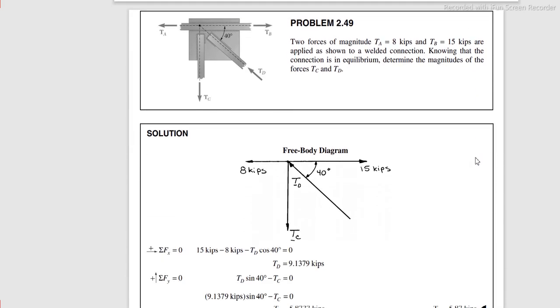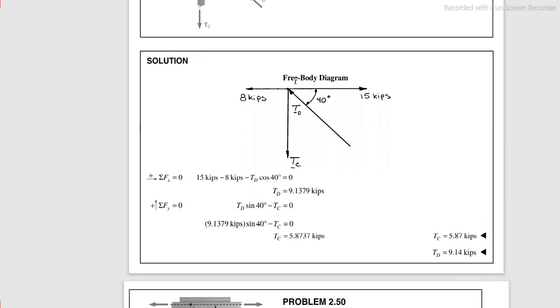Next problem is 2.49. Two forces of magnitude TA equals 8 kips and TB equals 15 kips are applied as shown to a welded connection. And this is the welded connection. Knowing that the connection is in equilibrium, determine the magnitude of the forces TC and TD.